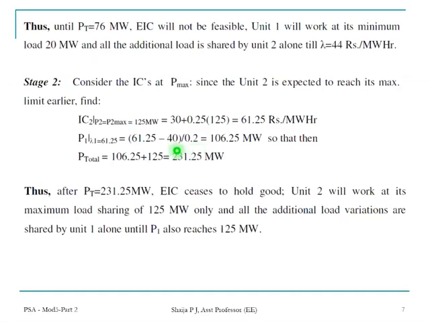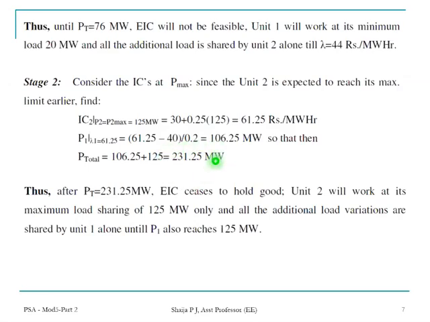From the cost function, the IC function, you can get this equation. So lambda minus 40 divided by 0.2 will give you P1. You'll get it as 106.25 megawatt. So what will be the total? 125 plus 106.25, so it will be 231.25.